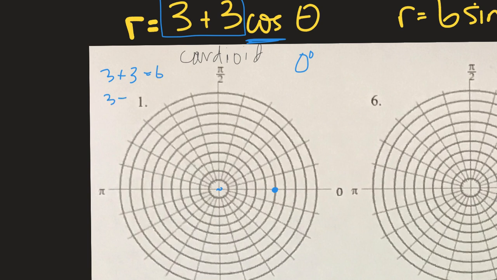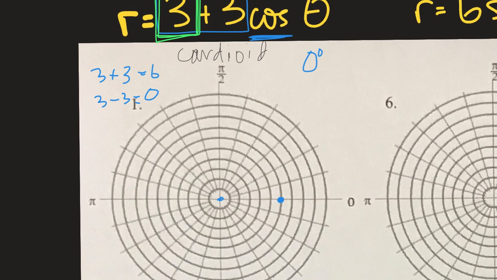And then, of course, 3 minus 3 is 0, which is why the dimple is at the origin. Now the other thing we have to identify is the other pole's intercepts, and that's always the number in front of the plus or the minus sign. So that's going to be 3. So ours is going to cross at 1, 2, 3 units in the positive y direction, and 1, 2, 3 units in the negative y direction.